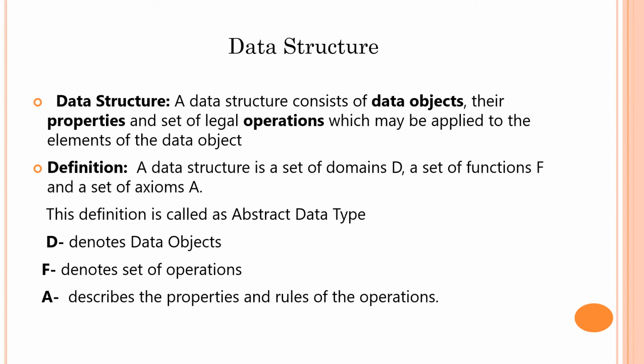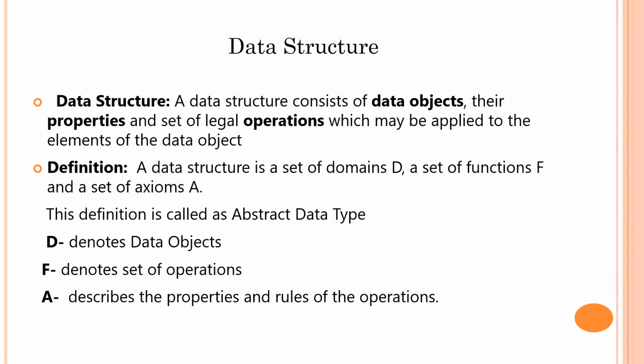Data structure. A data structure consists of data objects, their properties, and the set of legal operations which may be applied to the elements of the data object. Definition of data structure: a data structure is a set of domains D, a set of functions F, and a set of axioms A, where D denotes the data objects.